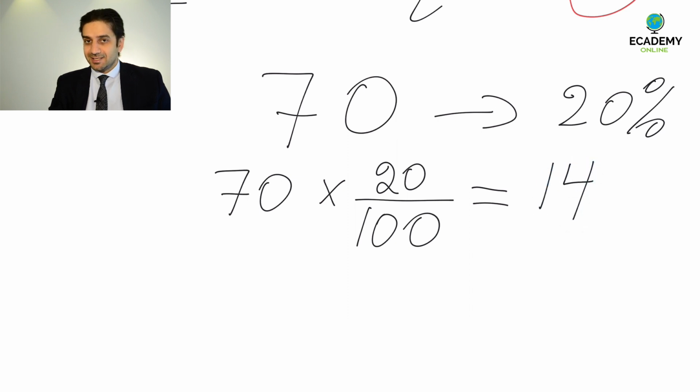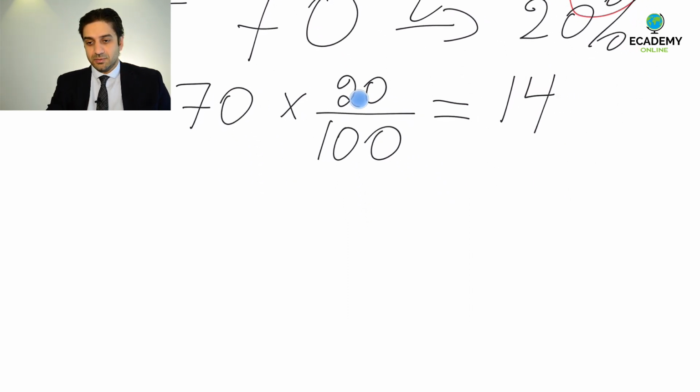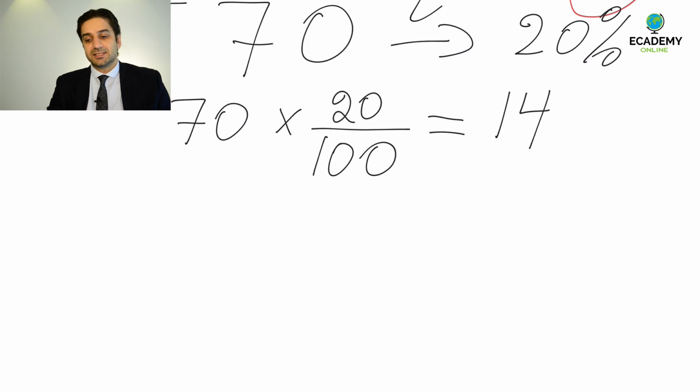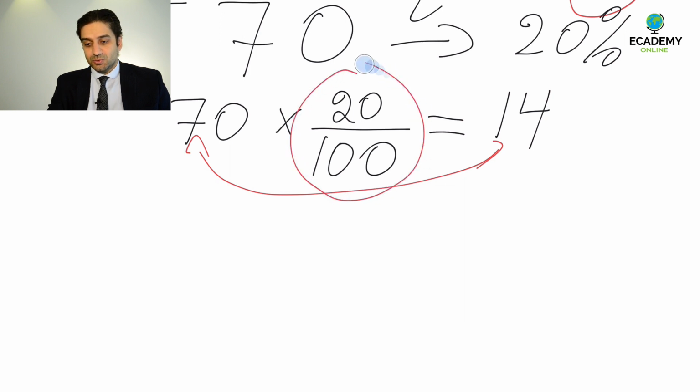If I were to calculate, along with this problem, the value that is remaining, I could simply either subtract 70 and 14, or I could take 20 out of 100. So there are two ways to do this.